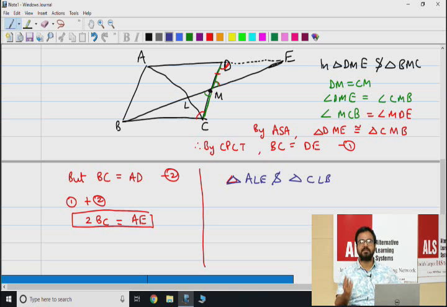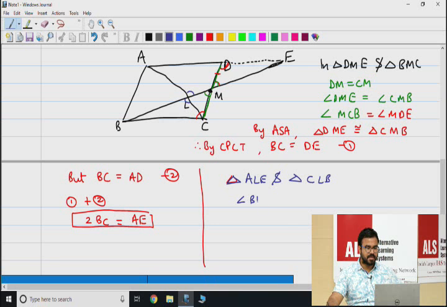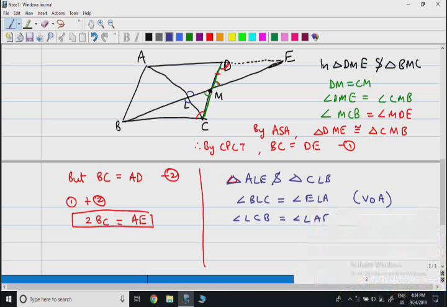Again, the very basic concept is angle-angle similarity. You can see that these two angles are vertically opposite. Angle BLC is equal to angle ELA. Reason is vertically opposite angles. For the second angle, since it is a parallelogram, alternate interior angles are equal because AC is nothing but the diagonal. So we can take angle LCB is equal to angle LAE.